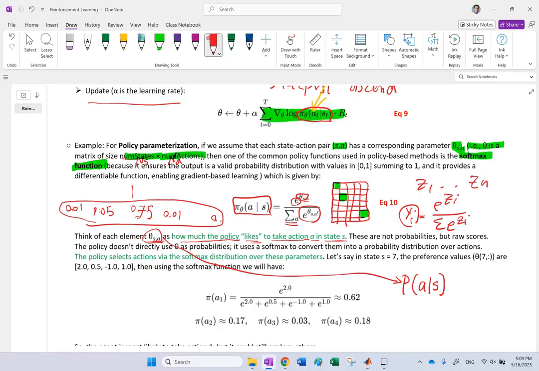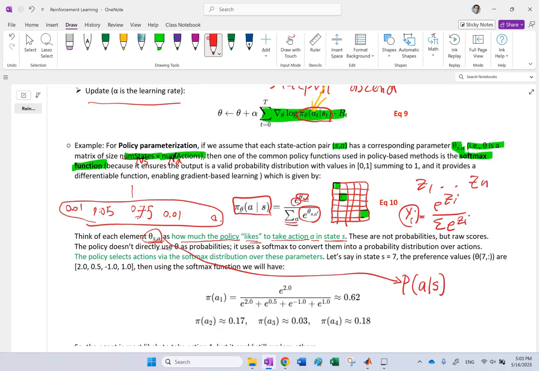All of those numbers are clearly less than 1, and at each state, all of the 4 or 5 actions, the sum of them should be equal to 1. So thetas are the likelihood of taking action A in state S for any pair of A and S.